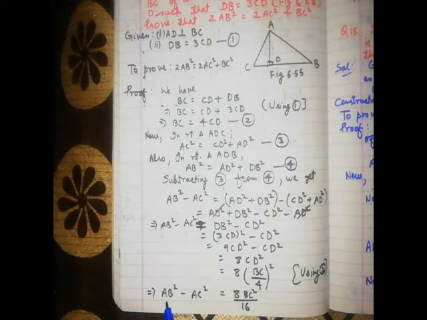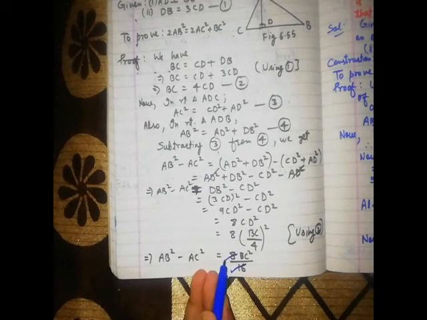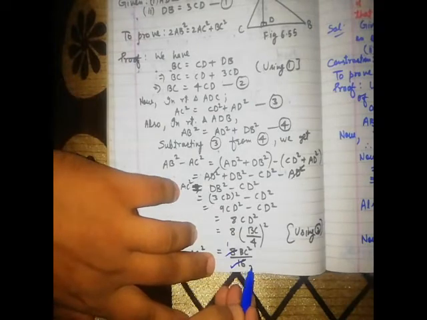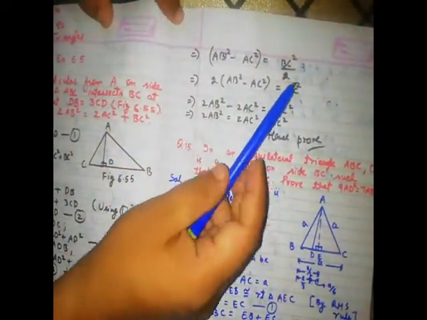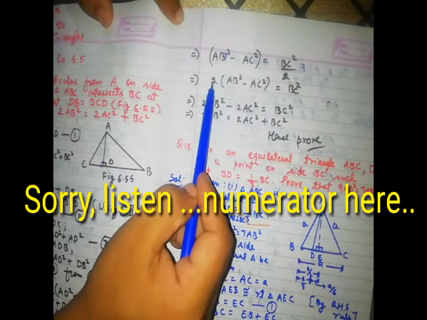So we get AB square minus AC square equal to 8 BC square upon 4 square, which is 16. Now we can cancel this 8 and 16 because 8 ones are 8 and 8 twos are 16. So we will get AB square minus AC square equal to BC square by 2. After that we will shift this 2 to the left side and it will go in the denominator.